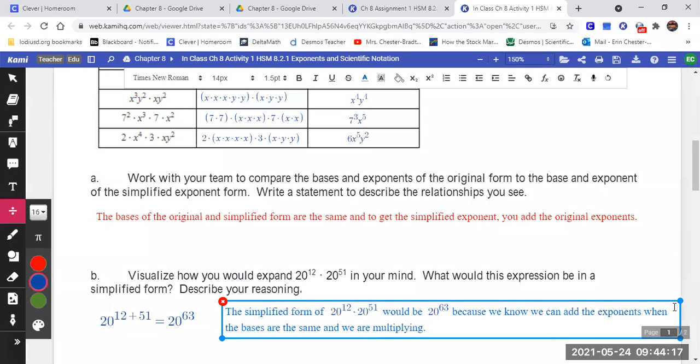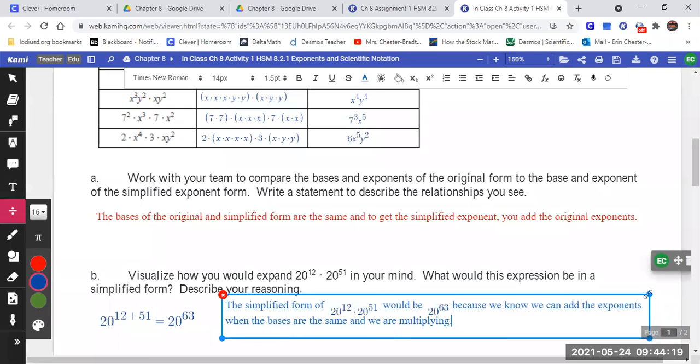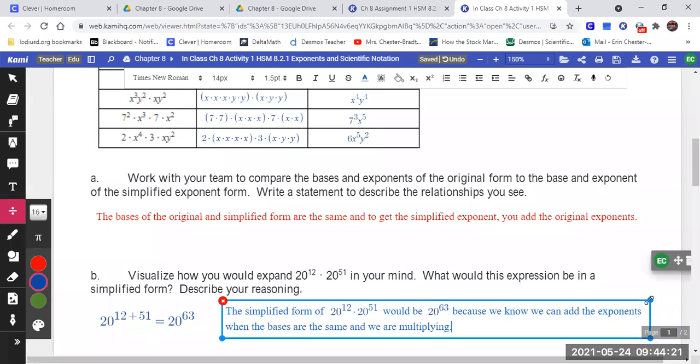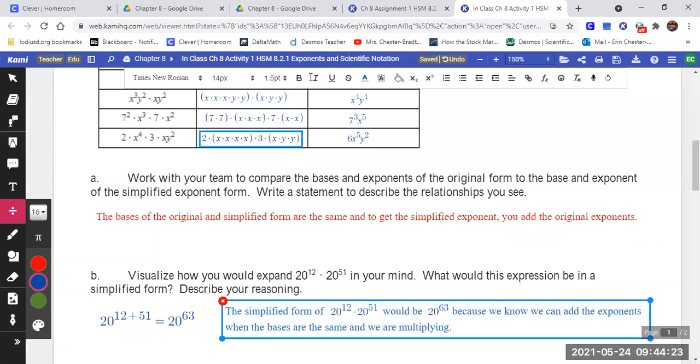Okay, the bases have to be the same. So these were both 2s, right? These were both 5s, 2s. They have to be the same base. And they have to be multiplying to be able to add our exponents.